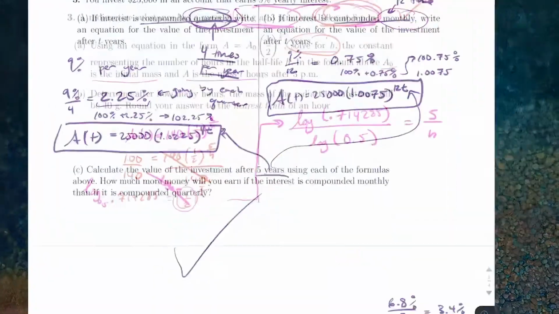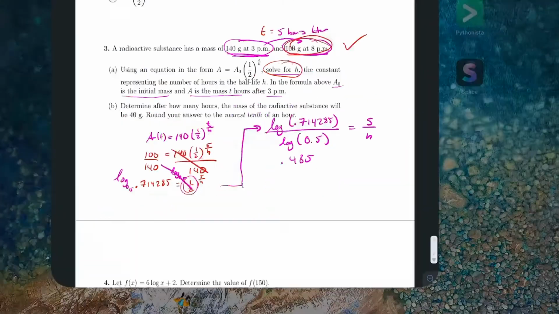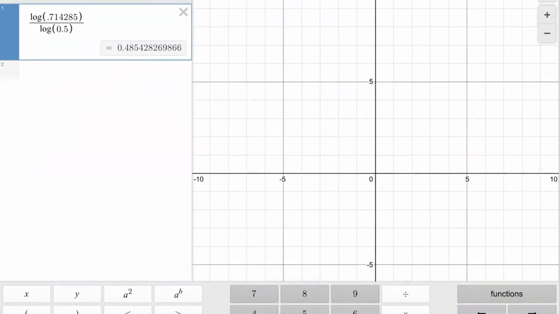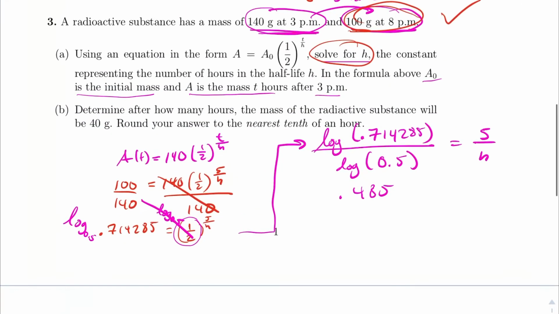0.48543 equals 5 over h. Solving for h, we multiply by h on both sides, and we get 0.48543 times h equals this.